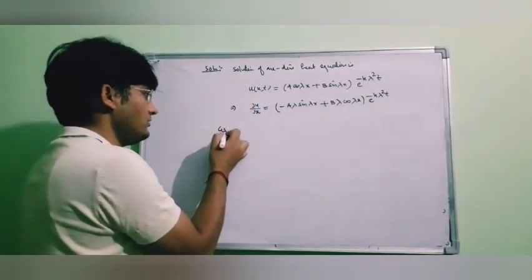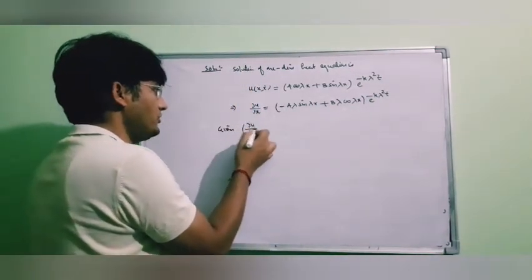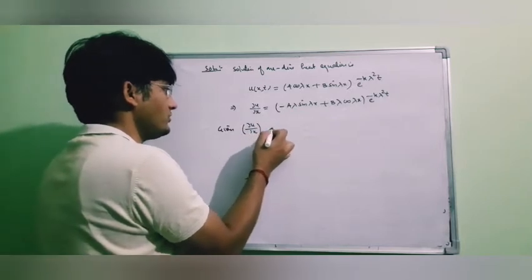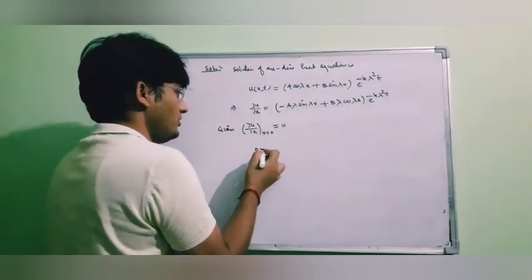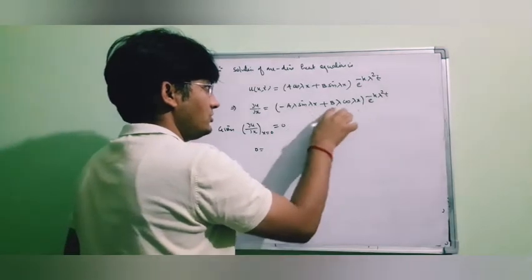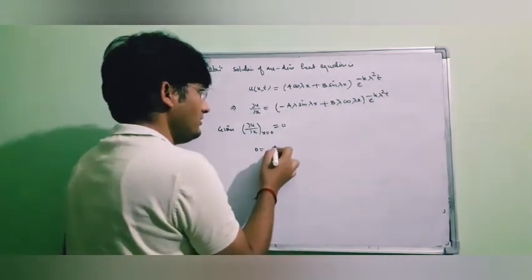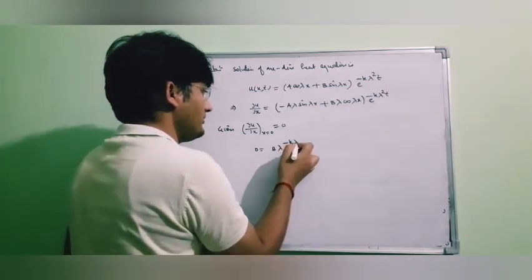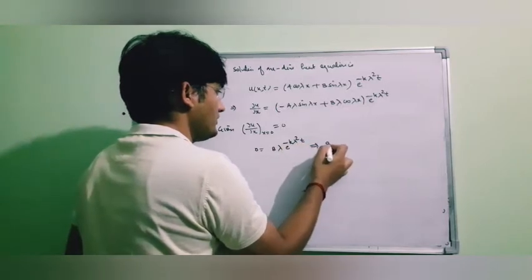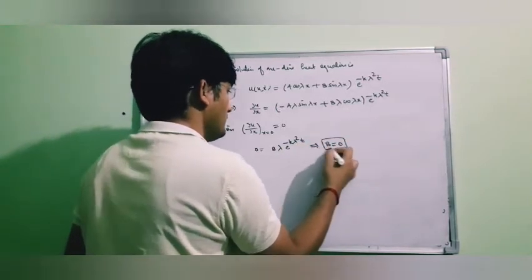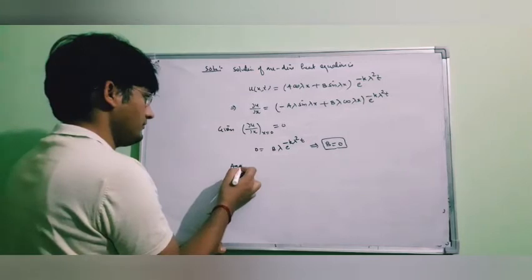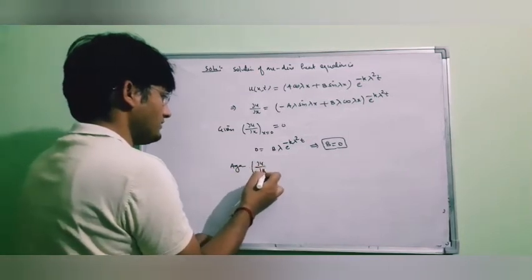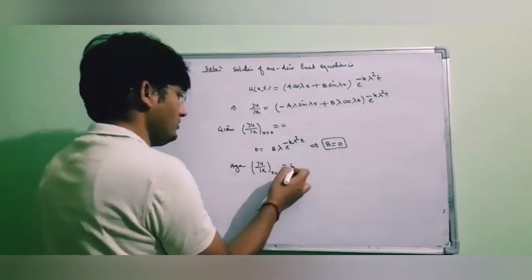Now given that del u upon del x at x equal to 0 is 0. So when x is 0, we will get B lambda into e power minus k lambda square t, and from here we consider B is 0. Again, del u upon del x at x equal to L is 0.